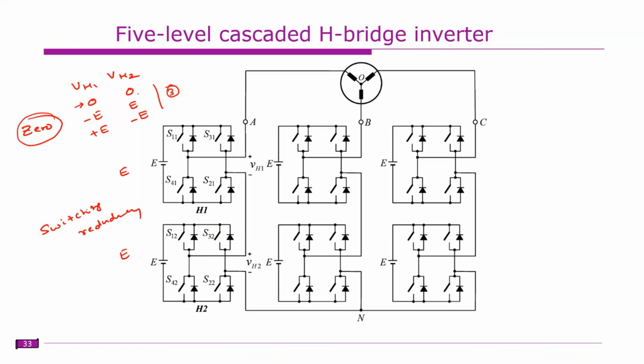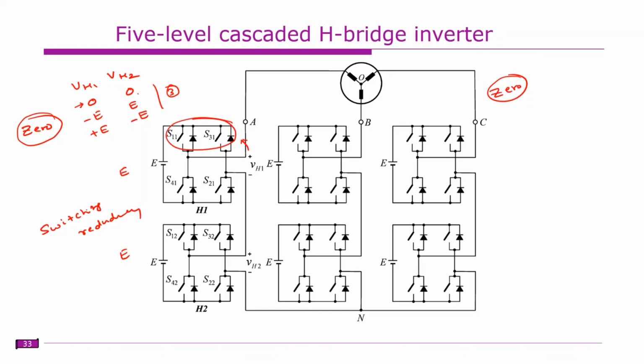So what is the advantage with switching redundancies? For example, in your circuit, you have 0 voltage. Every time you are turning on these two switches, the losses in these two switches will be high.